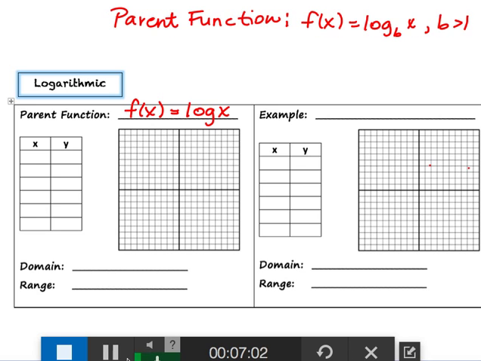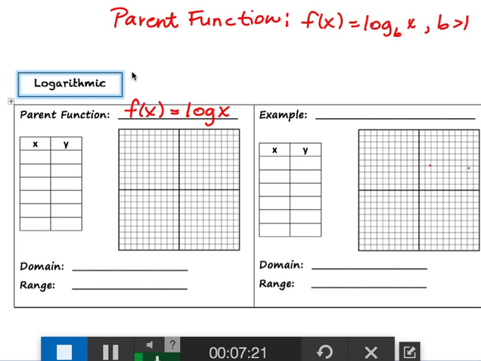The next function we're going to talk about is the logarithmic function. The parent function is really f of x equals log base b of x, where b is always going to be greater than 1. We're going to use log x, and it has an understood base of 10 here.